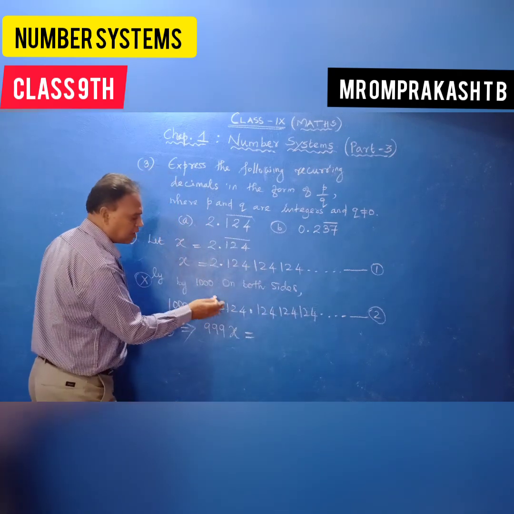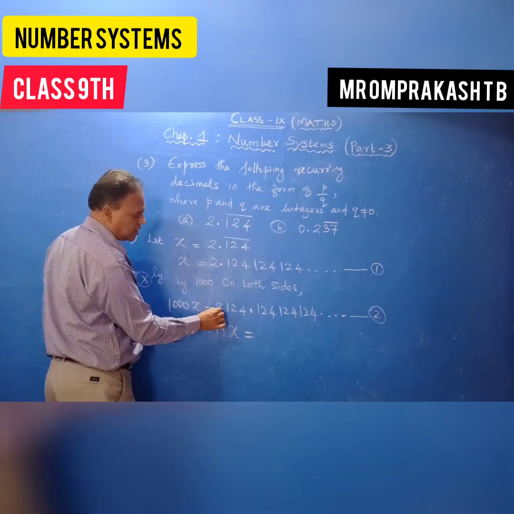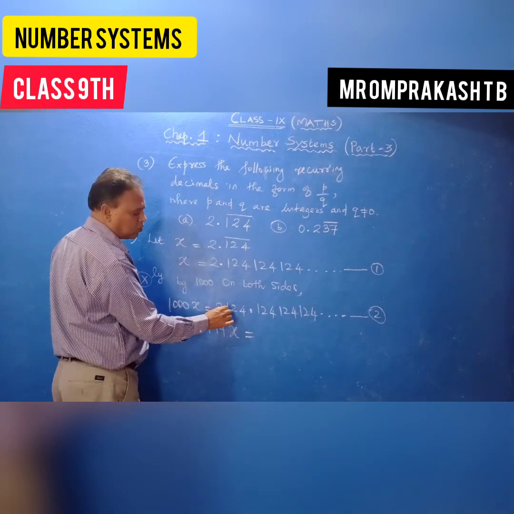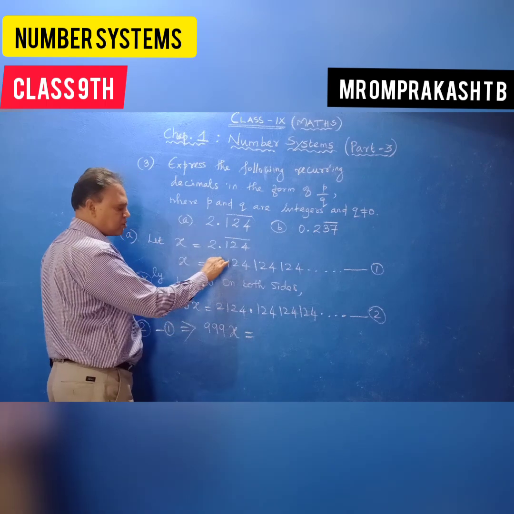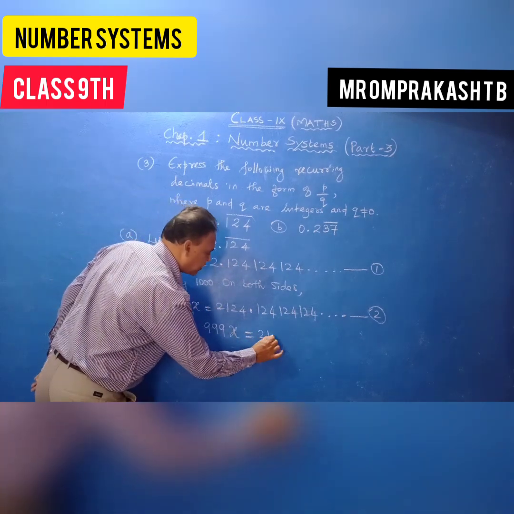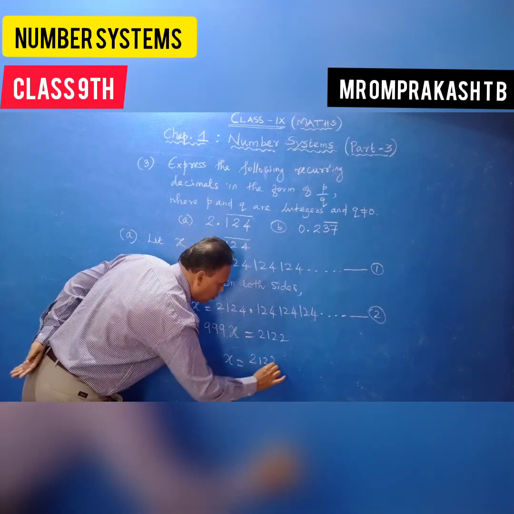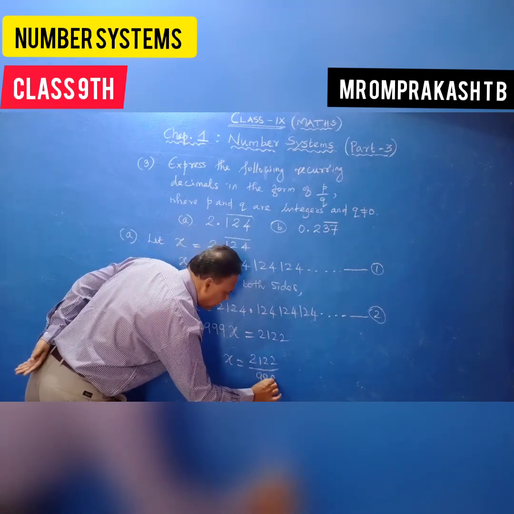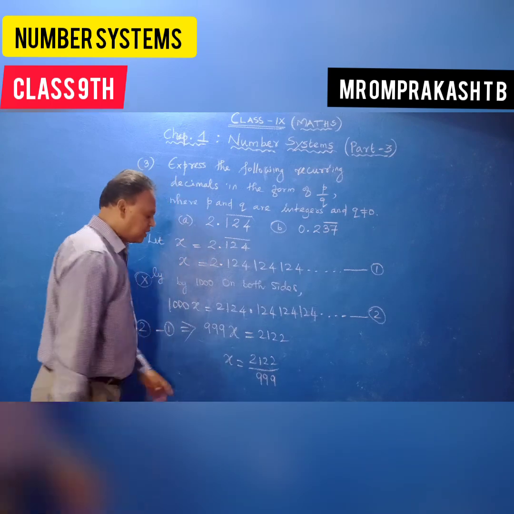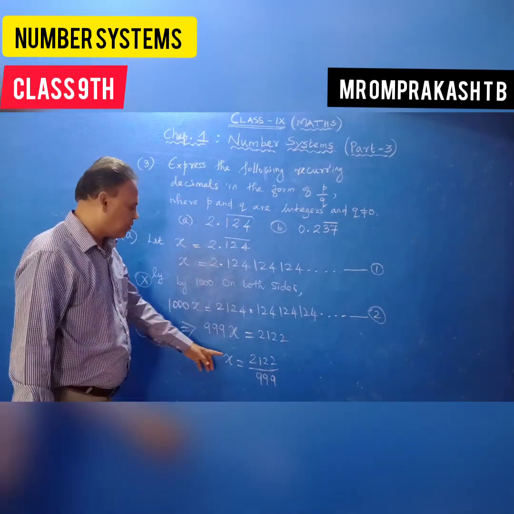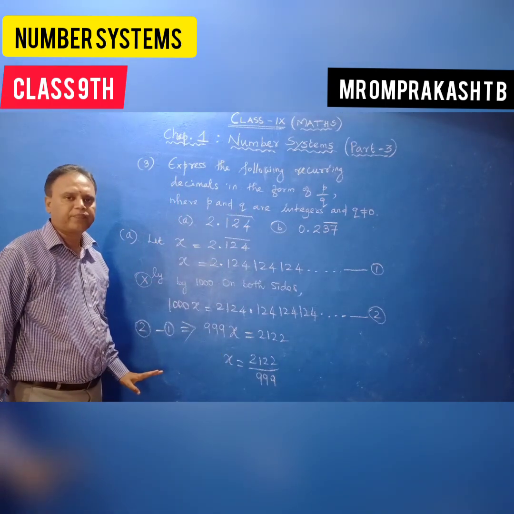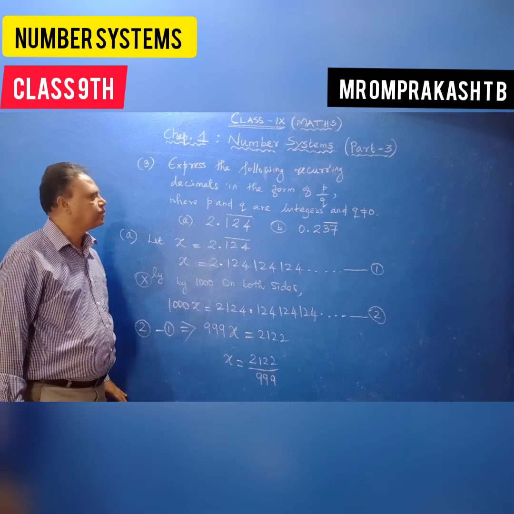So integer part alone you subtract. That means 2124 minus 2 is 2122. Therefore x is equal to 2122 by 999. Clear? So this is in the form of P by Q. Hence proved.